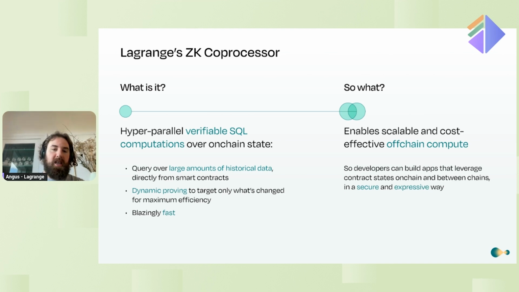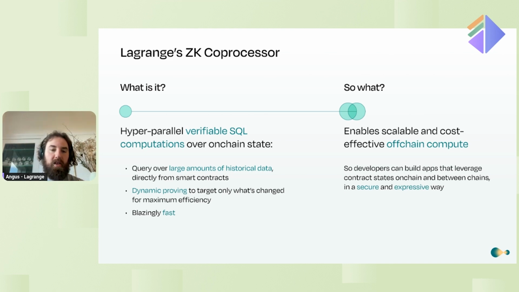So what is the ZK coprocessor? It basically allows you to do SQL computations over data, like on-chain state data. So you can query large amounts of historical state data directly from smart contracts.